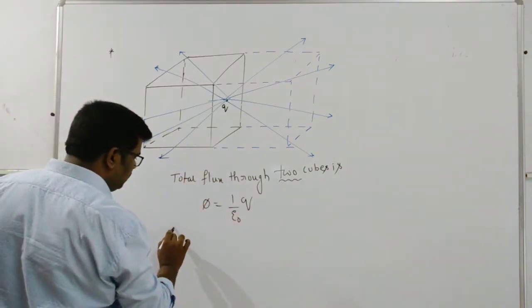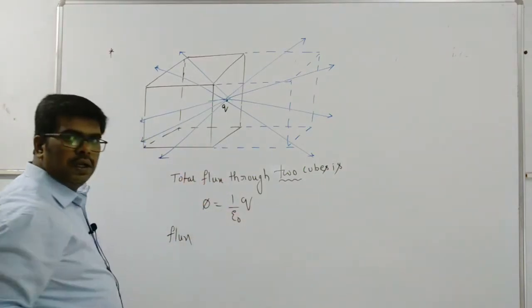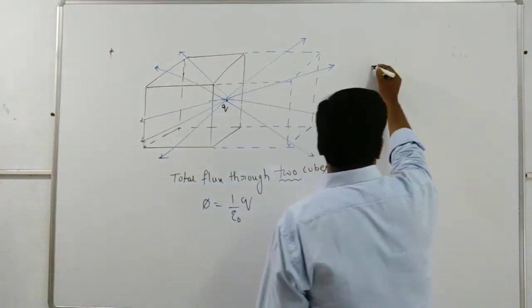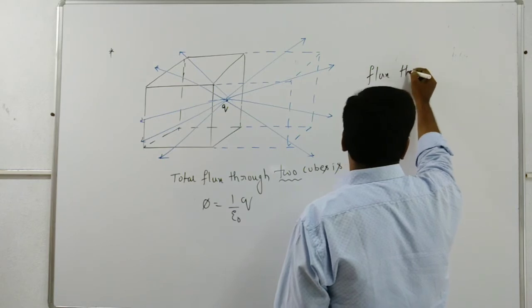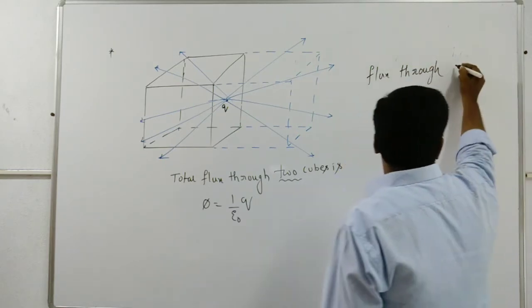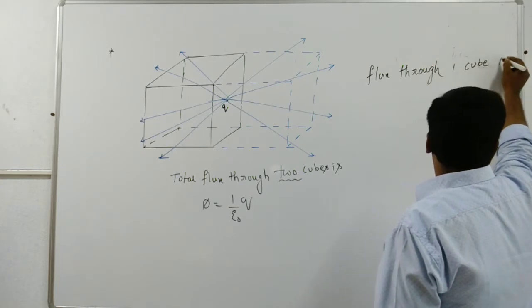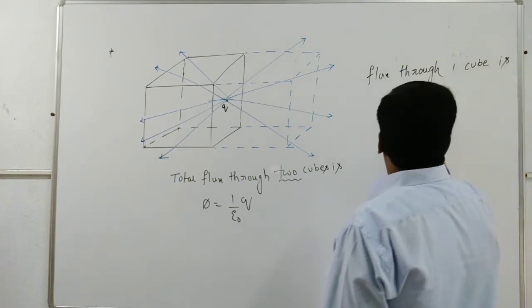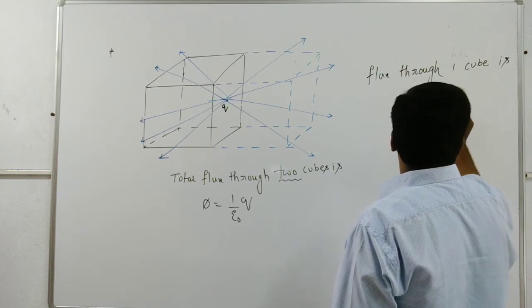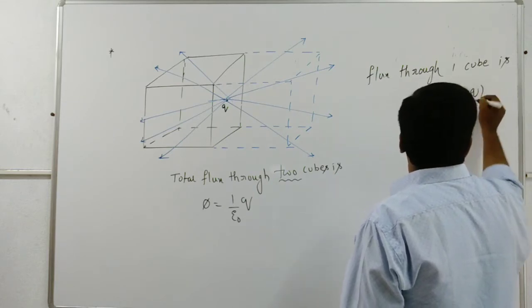That's why we can write that the flux through one cube is phi equal to 1 by 2 epsilon naught times the net charge.